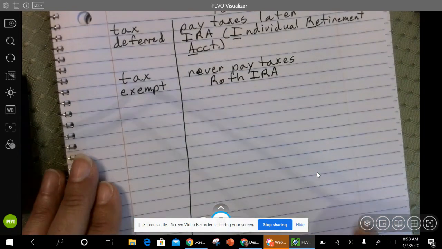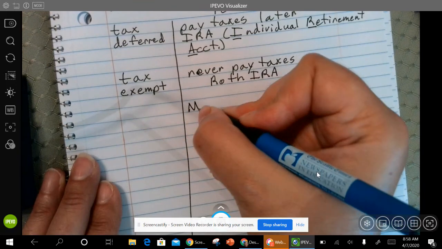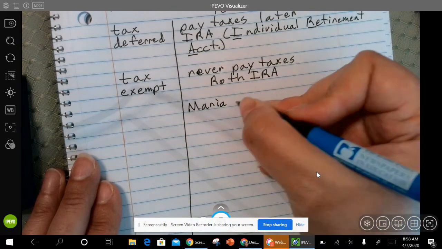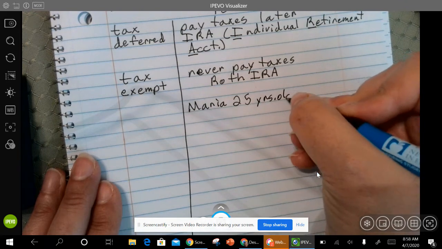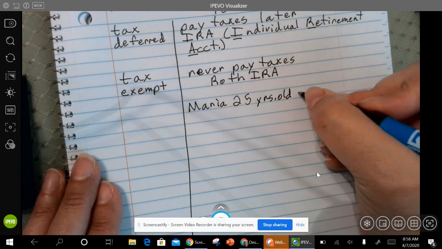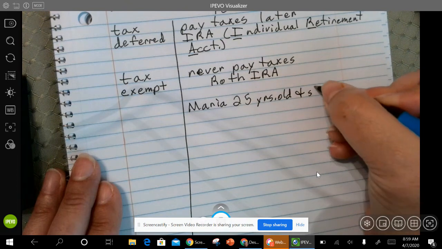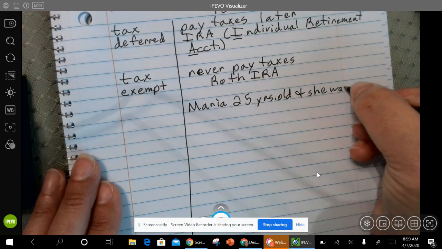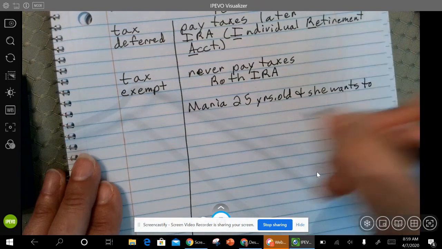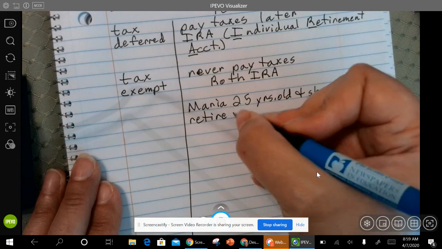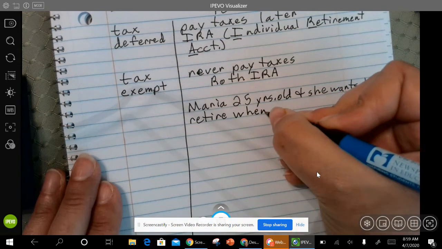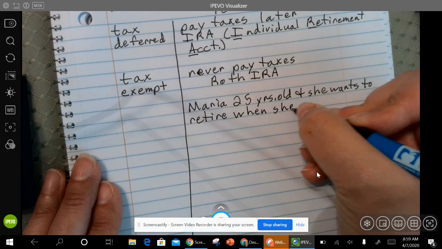Okay, so let's do an example. Let's say, everybody, that Maria is 25 years old and she wants to retire when she is 60.